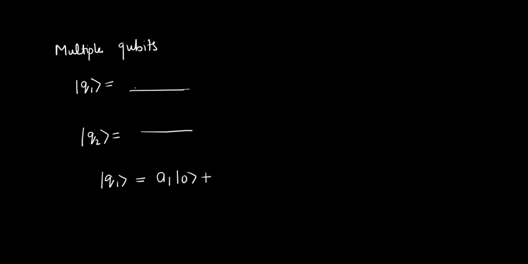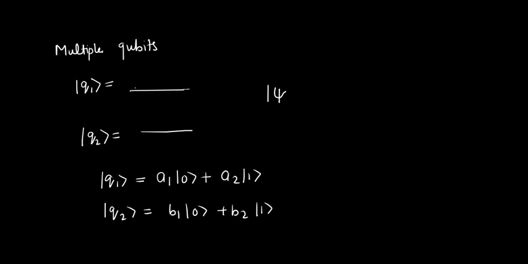So if Q1 is like this, A1 of ket 0, A2 of ket 1, and the second qubit Q2 is a superposition of 0 and 1, and the amplitudes corresponding to ket 0 and ket 1 are B1 and B2. So what is the composite state?